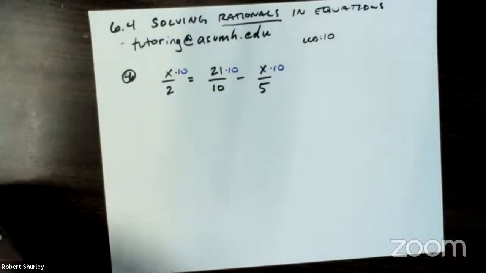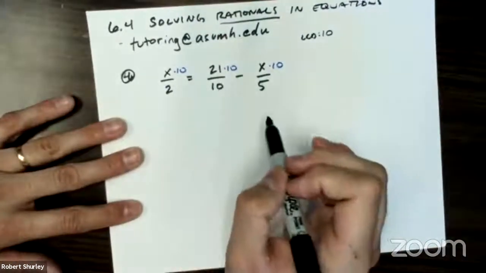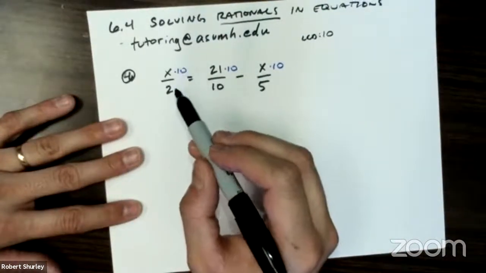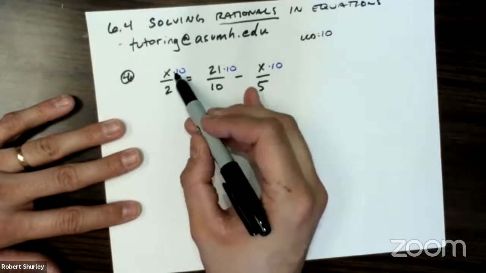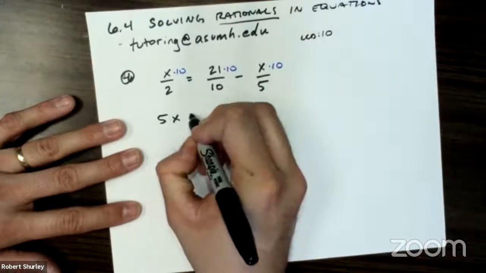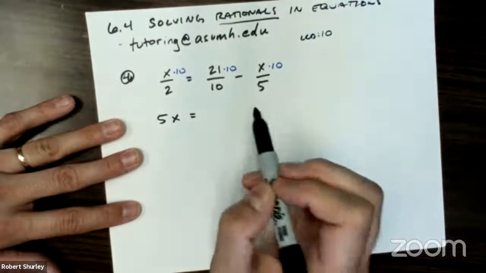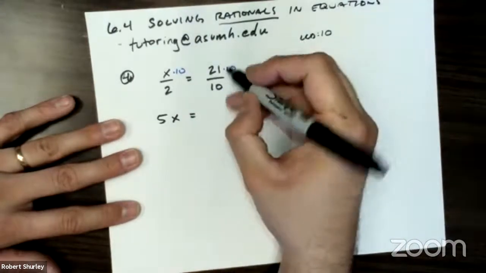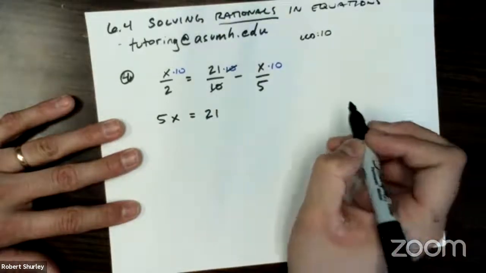Now, when we do that, I'm going to skip a step here. I'm going to simplify as we go to the next step. This will be x times 10 divided by 2. Well, 10 divided by 2 just gives me 5x. Slash the 10 and the 2, it leaves you with 5. Here, the 10 and the 10 would cancel, so this leaves you with just 21.